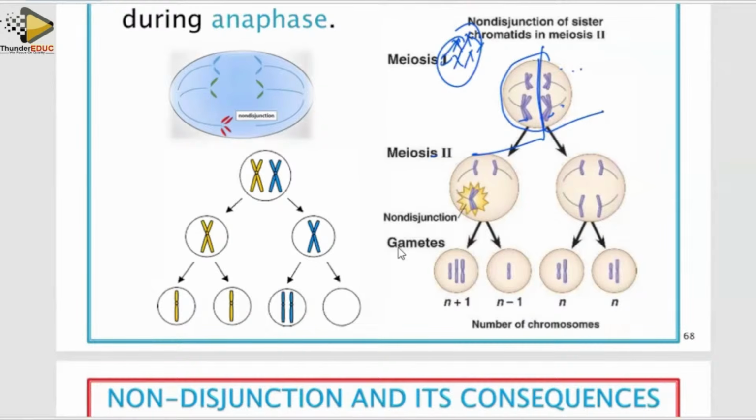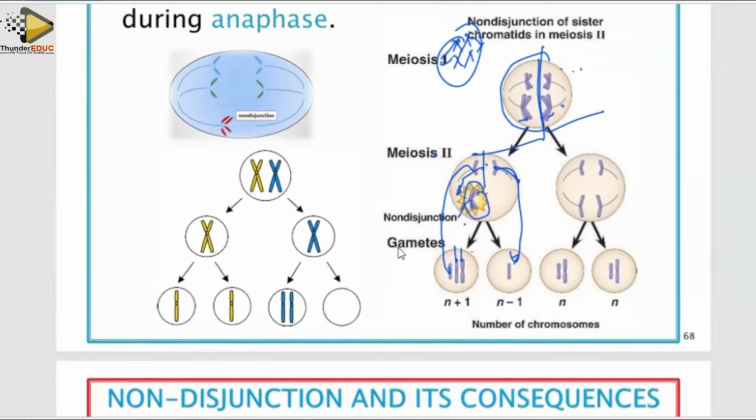In anaphase 2, the chromosome is supposed to split. This one split properly, it went this side, and this one went this side. But the second one, the whole of it was put on one side. That's why you see 2 of them here.